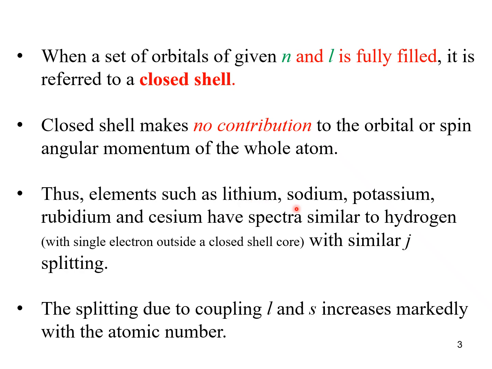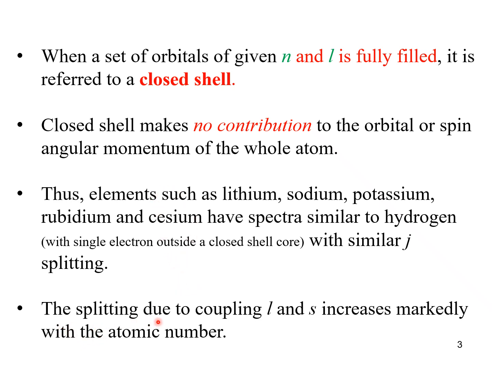Elements such as lithium, sodium, potassium, rubidium, and cesium have similar spectra to hydrogen with similar J-splitting, because they all come from the same group. Therefore, they have only one electron in the valence shell.